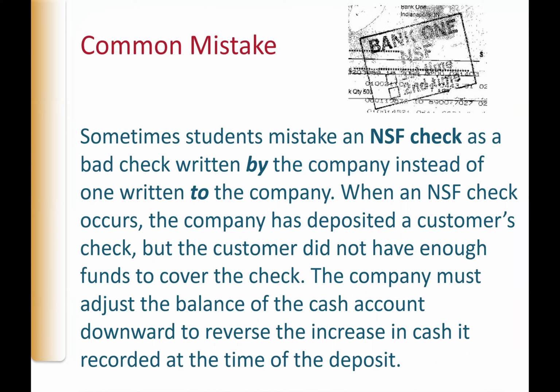When an NSF check occurs, what happens is the company has deposited a customer's check, but the customer didn't have enough funds to cover the check. So the company must adjust the balance of the cash account downward to reverse the increase in cash it recorded at the time of the deposit. Okay?